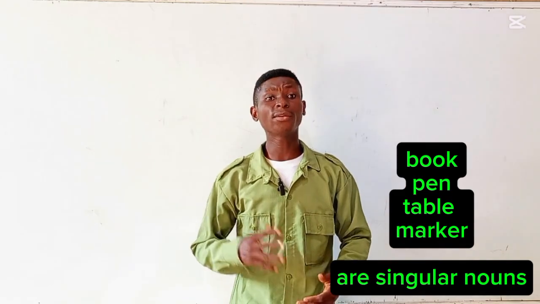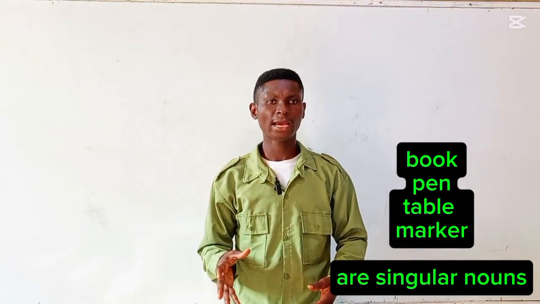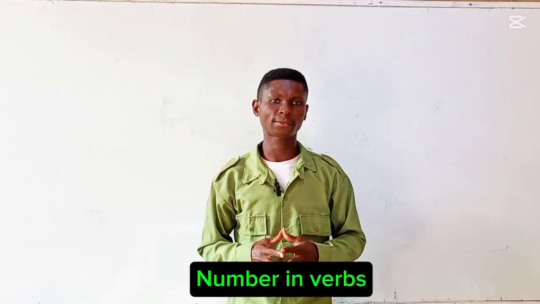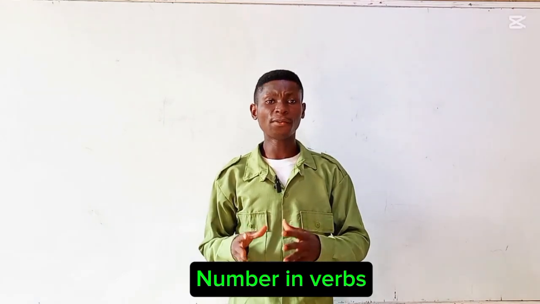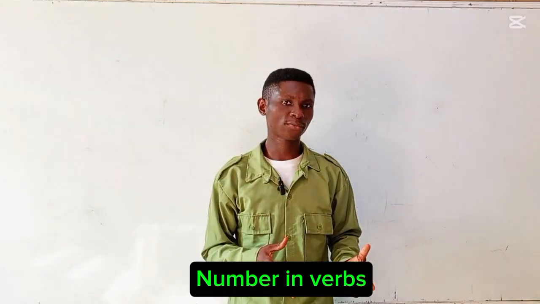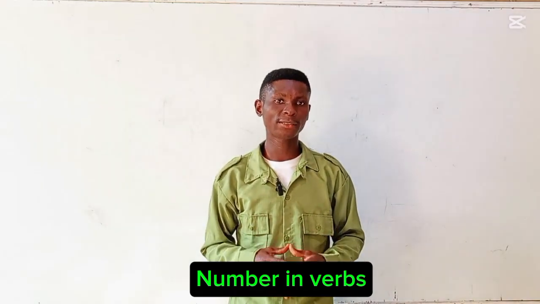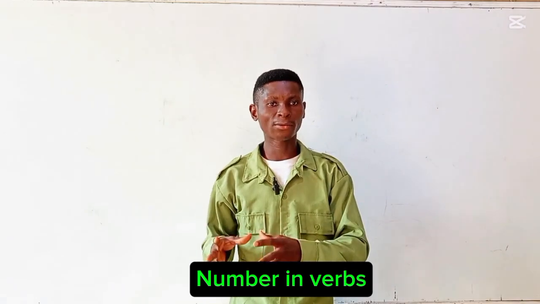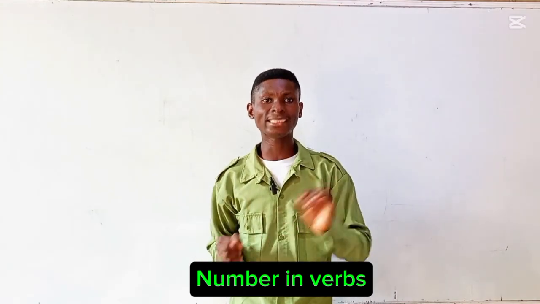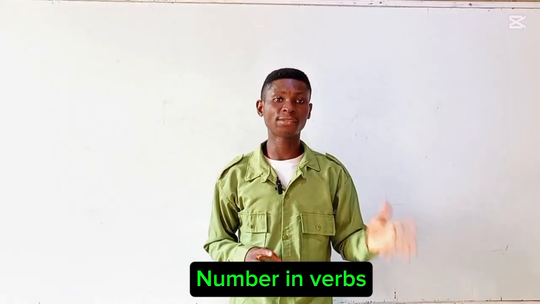But that is considering number based on nouns. We also have number in verbs, and this is where students normally get it twisted. There's a difference between singular nouns and singular verbs. Likewise, there is a difference between plural nouns and plural verbs. For verbs, the reverse is the case of what we have in nouns.